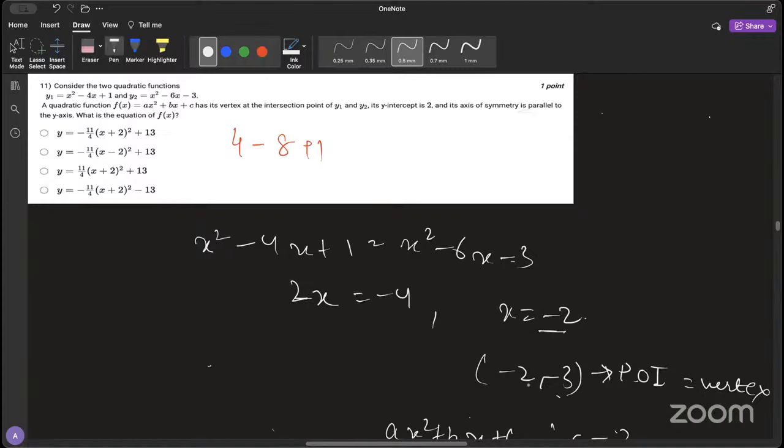For y2 the y-intercept is -3 and the vertex is (3, -12). Why do you need the y-intercept of y1 and y2? Just to plot the curve. You don't need to plot the curve at the intersection points. We just need x is -2. You must have made a mistake.